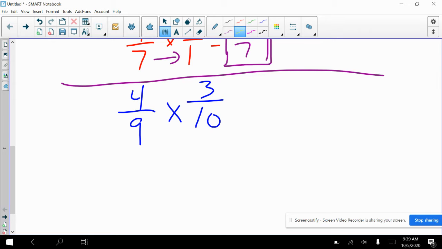Okay, you can cross reduce both ways. That is correct. It doesn't have to just be one way. If the problem lends itself to cross reducing both ways, then we need to do that. What goes into 9 and 3 evenly? 3, right? So 3 divided by 3 and 9 divided by 3.